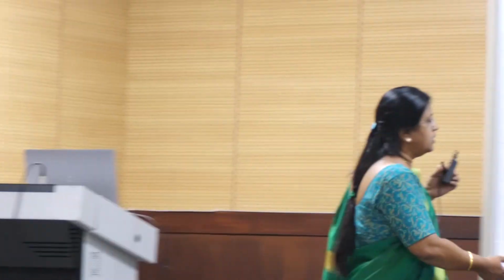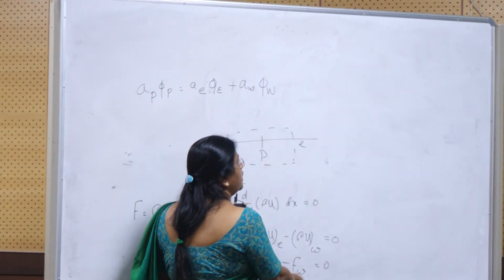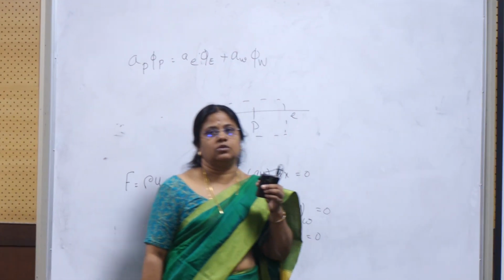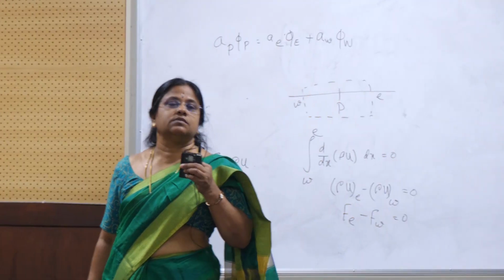That is what is shown here. So AE is the diffusion and flux term. AW is diffusion at the nodal point W and flux at the nodal point W. And AP is the combination of AE and AW. I think you know this now. What is the value of this one? Here you see FE minus FW is 0, because we are using the mass conservation equation.